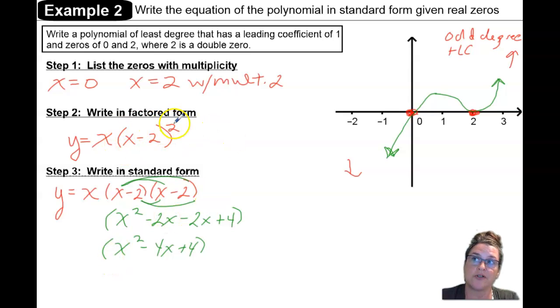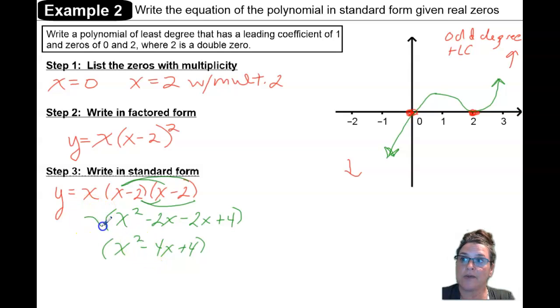You learned in Algebra 2 that when you have a binomial being raised to the second power, we call that a perfect square trinomial. You can square the a, you can square the b to get your constant, and then you multiply a times b and double it to get your middle term, right? Or if you don't like the shortcut, just go ahead and FOIL and combine your like terms.